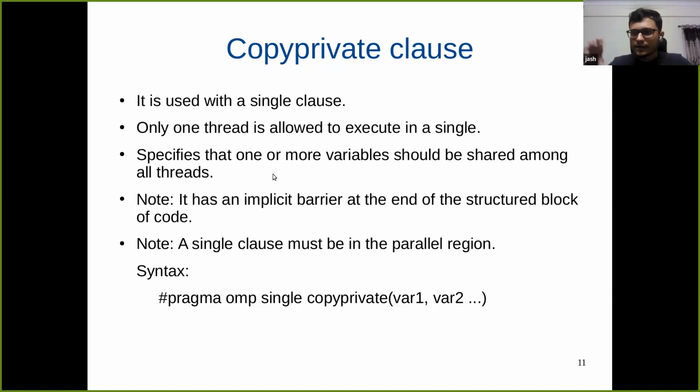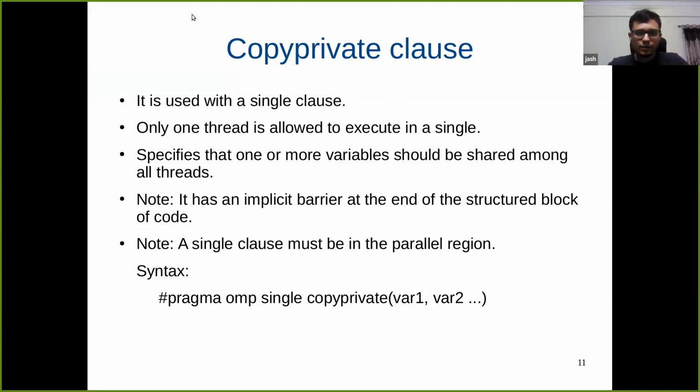After the execution of the single clause is over, whatever variables we have specified in copyprivate, with the syntax that we saw here, will be shared among all the threads. And we know there is an implicit barrier at the end of the structured block of code that follows the single section, and the single section must be in the parallel region.